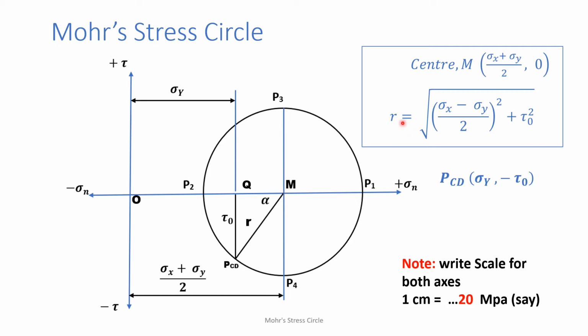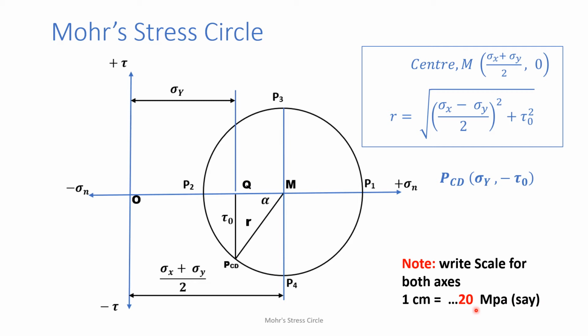The radius, we will calculate, is the square root of sigma x minus sigma y by 2 whole square plus tau naught square. By taking a suitable radius, for both sigma and tau axes you will take the same scale, meaning 1 centimeter will represent say 20 megapascal.